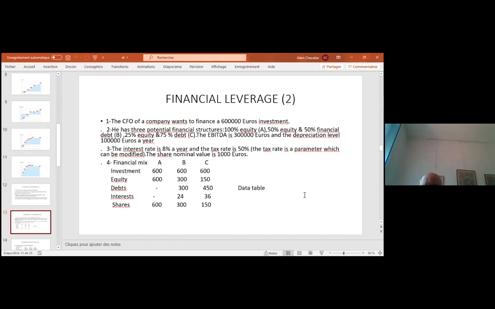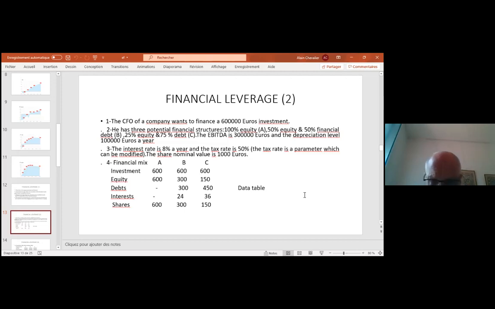And you can argue that if there is a good expectation in terms of return on this investment, original shareholders will prefer C to B and A, but we'll come back to that point in another slide.